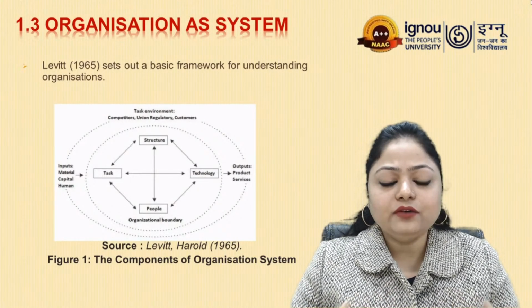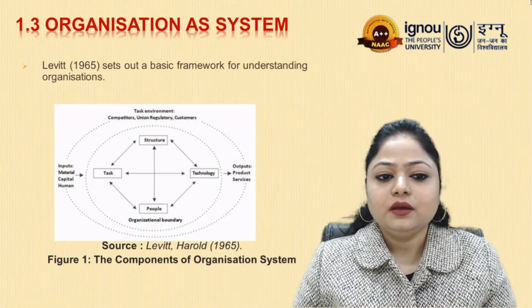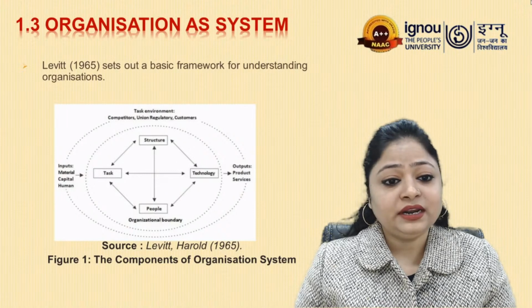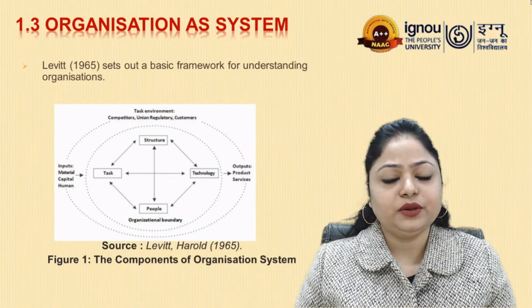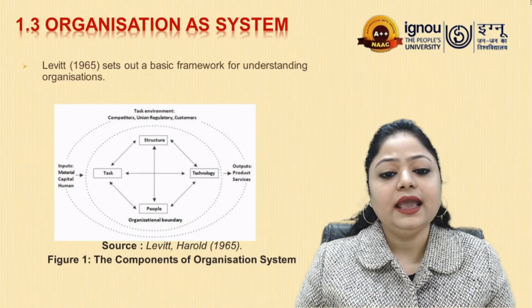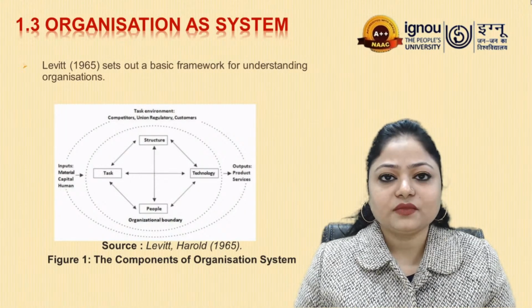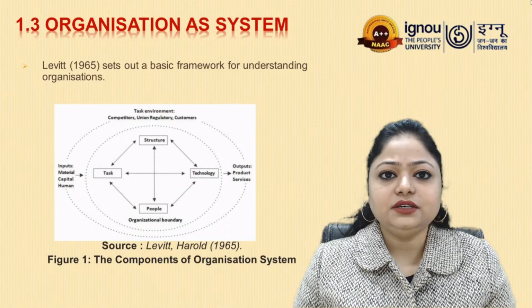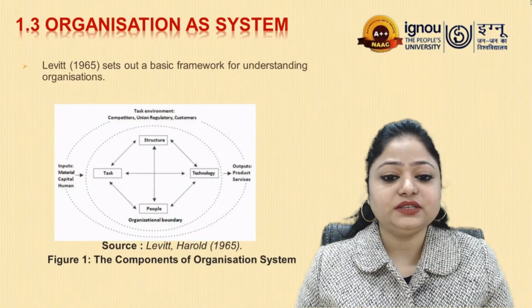And in the outer layer, we see the business environment or task environment, and we take input, that is material, capital, human resources, and we transform it with the help of technology, and the output is also offered to the outer layer, which is the environment again, where society and consumers exist.